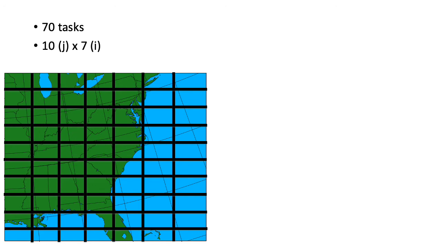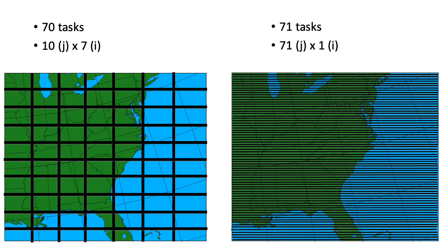Notice the very different way that 70 tasks is decomposed compared to 71. 71 is a prime number. When we try to get the two closest multiplicative factors, we end up with 71 and 1. That means that we decompose the north-south direction into 71 pieces, and the I direction just is all the way from the left to the right of the original domain.